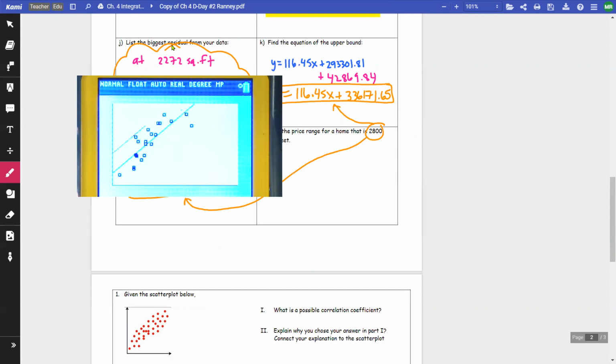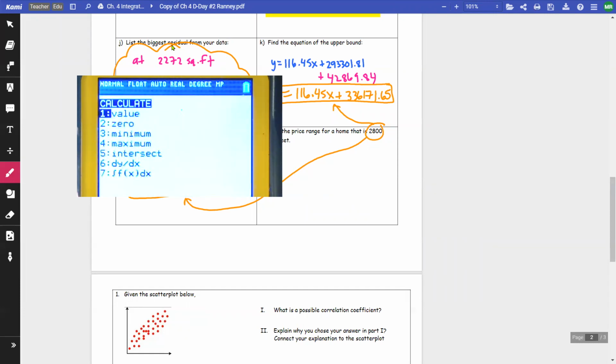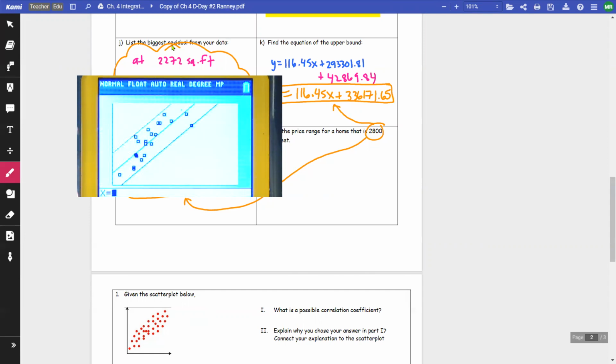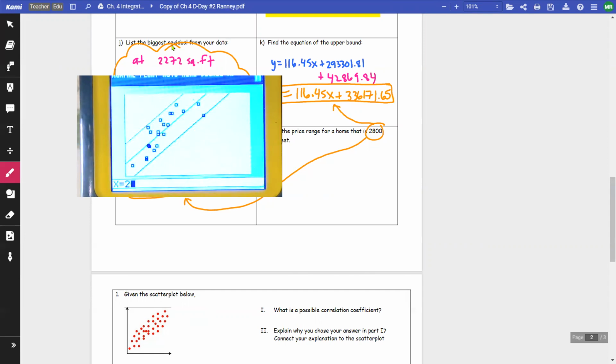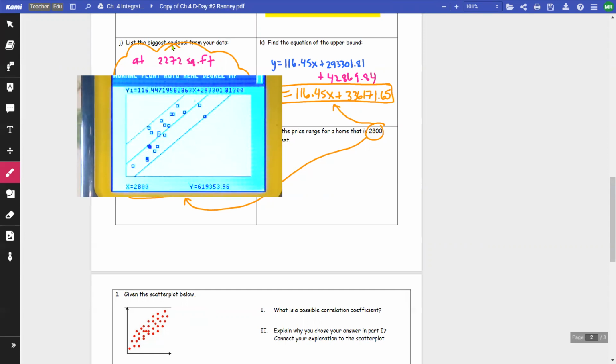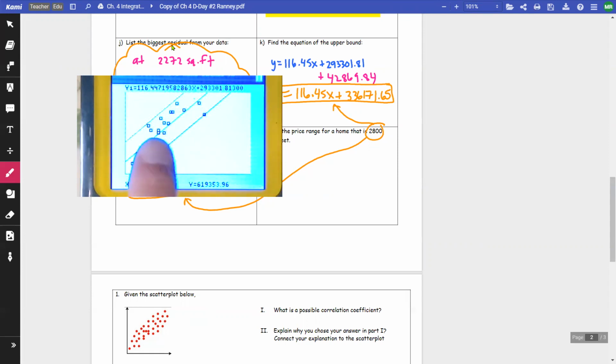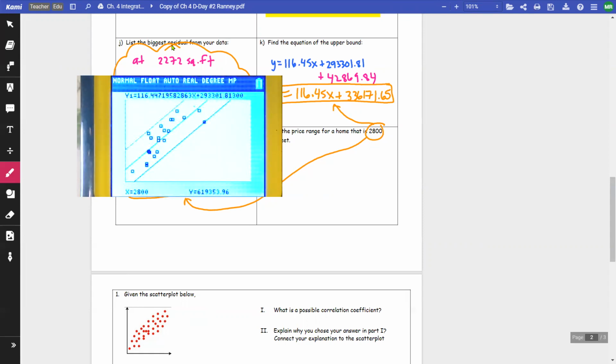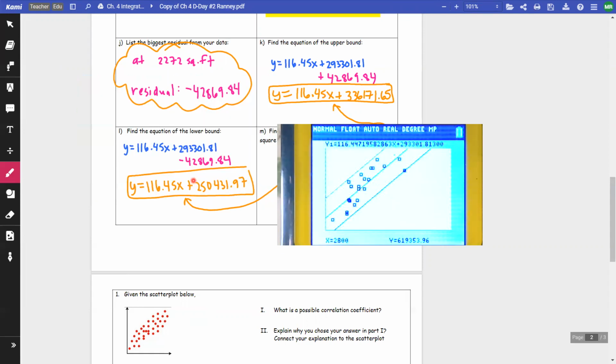So now I can go second and trace again, and value. And I can put in 2,800. Right now it's telling me that this value here is on this one, which, if I move this for a second, is my original equation.